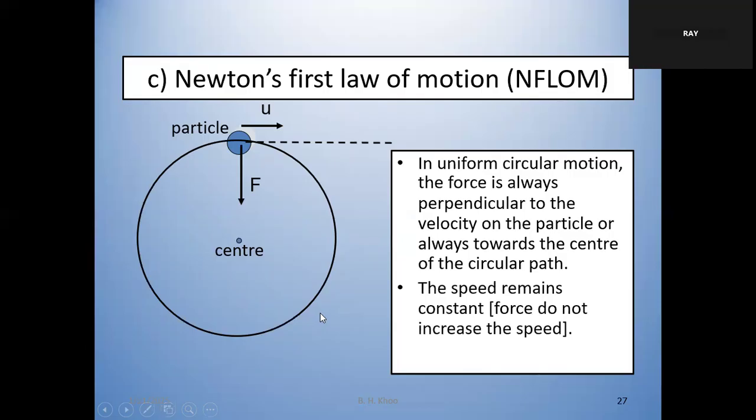Keep in mind the speed remains constant. The force does not increase the speed because the force is always perpendicular to velocity. It changes the direction only. It doesn't affect the speed. The speed remains constant because the force is perpendicular to the velocity.